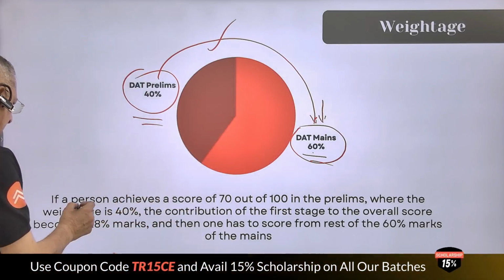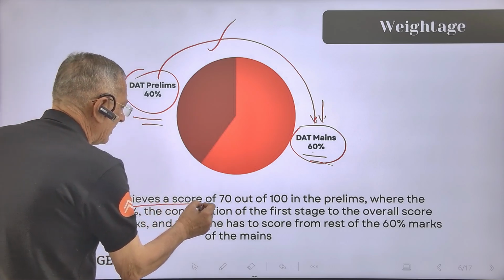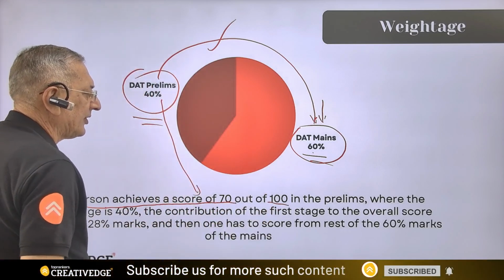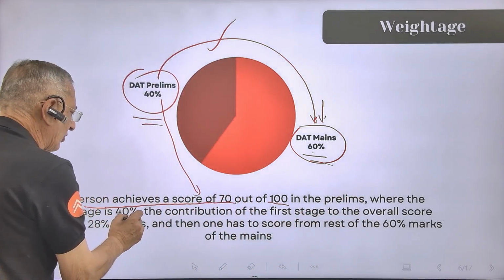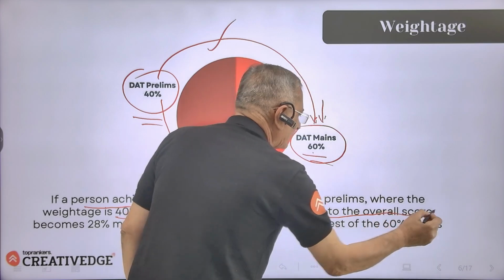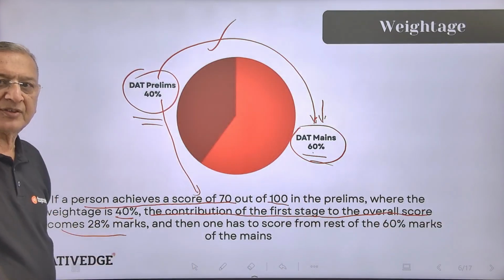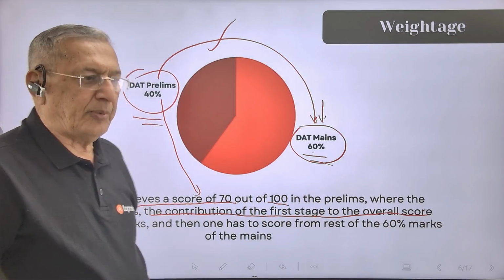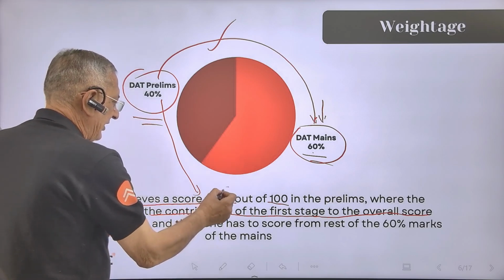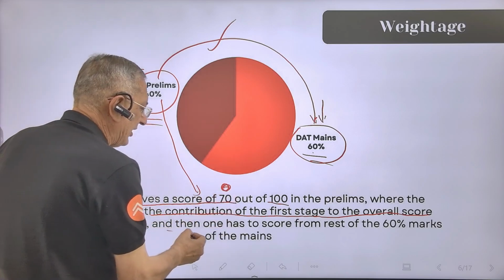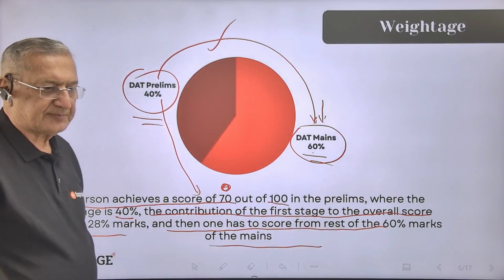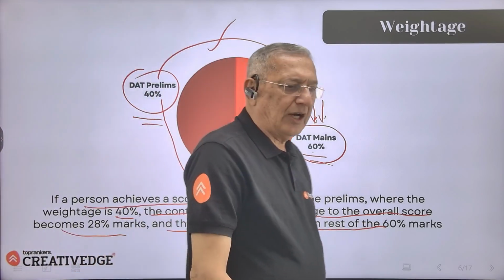Now this means if a person achieves a score of 70 out of 100 in the prelims, where the weightage is 40% only, the contribution of the first stage to the overall score becomes 28 marks, or 28% of the total, when he has scored 70. And then one has to score from the rest of the 60% marks. I hope I'm loud and clear to you.